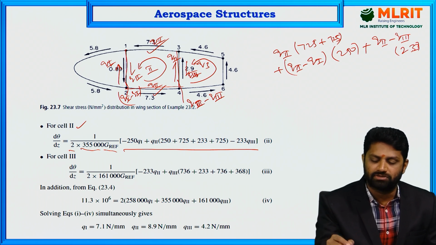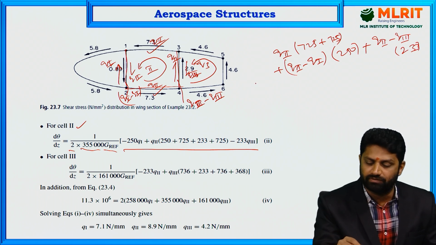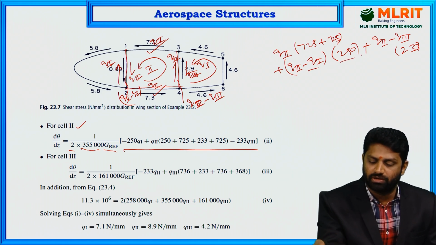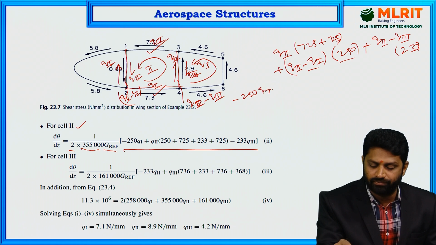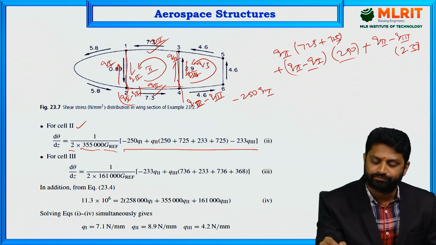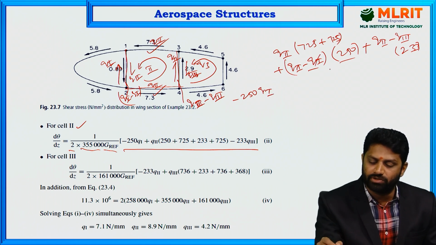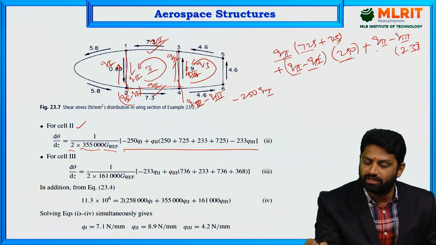And then we'll try to write it in its own equation, that is separating all the shear flows. So first we got Q1 as minus 250, so we got minus 250 Q1. This is over. And then if you try to write Q2, so here you got Q2 into 725 plus 725, and again Q2 into 250, and then Q2 into 233.